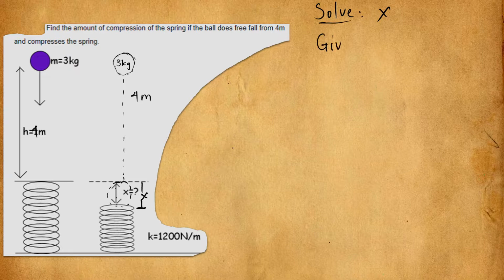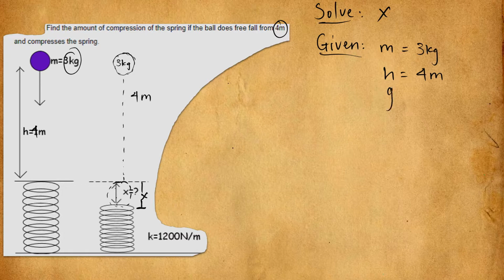What's given is we got mass, which is written as m, 3 kilogram right here, and we got height, 4 meter right here, and we got a constant called gravity, which is always the same amount, and for the sake of easier calculation we're gonna use 10 meter per second square. The actual value is about 9.81 meter per second square.